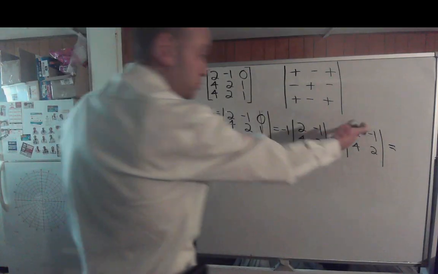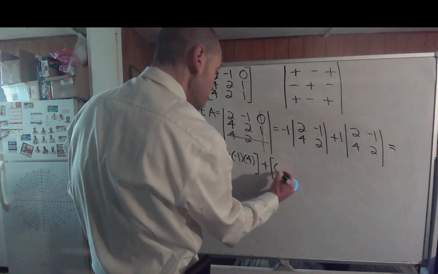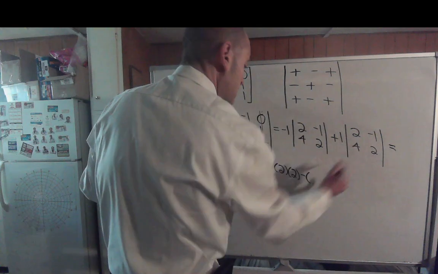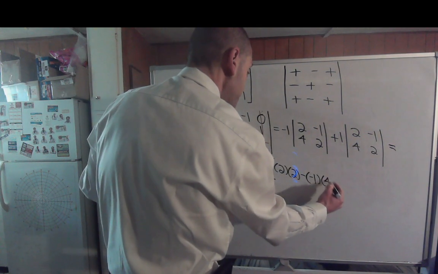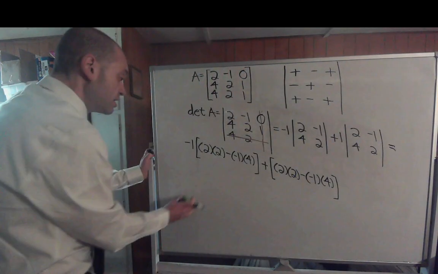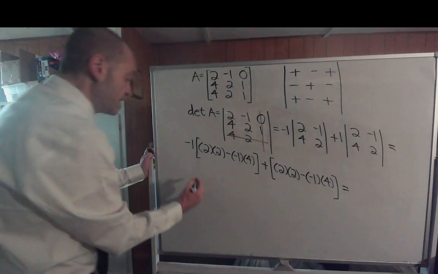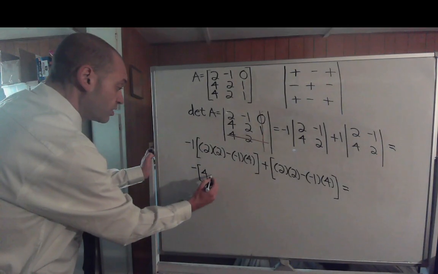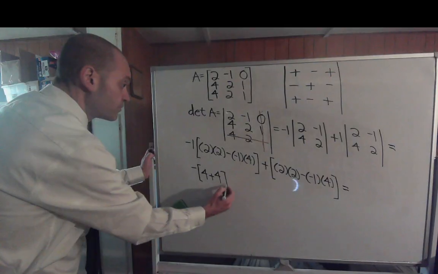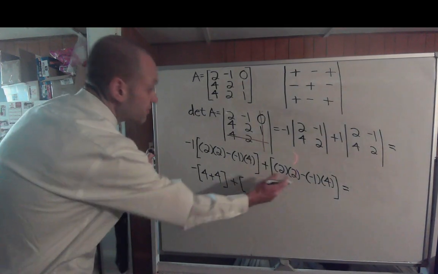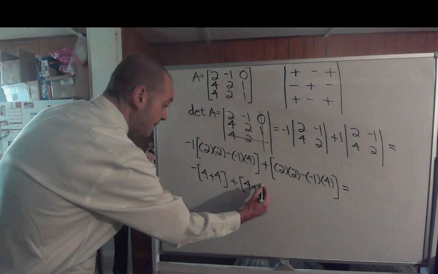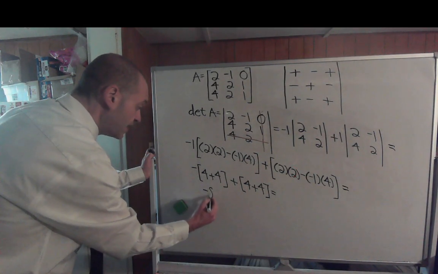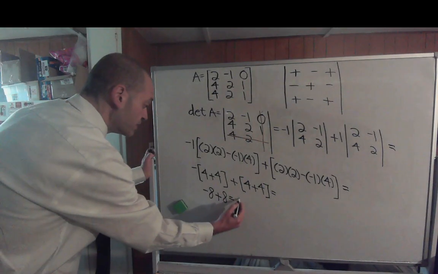Plus 1 is just plus what's inside, so that would be 2 times 2 minus -1 times 4, which would end up giving me the negative of what's inside of here. That'd end up being 4 plus 4, plus another 4 plus 4, which would end up being -8 plus 8, which would equal 0.